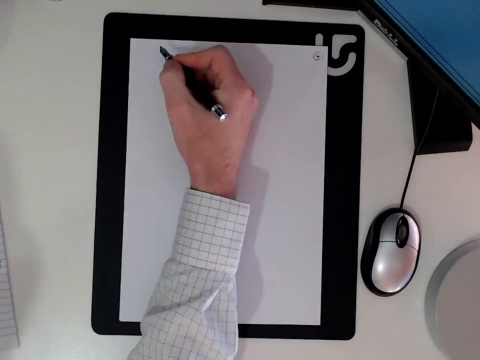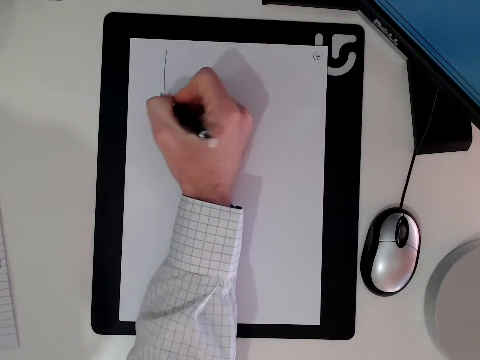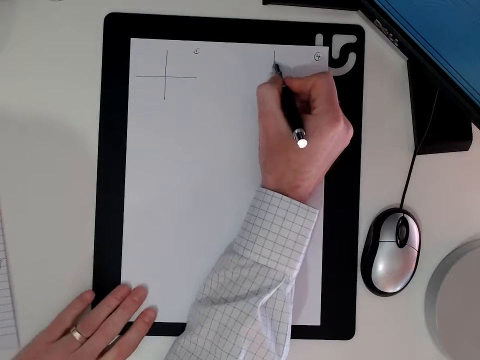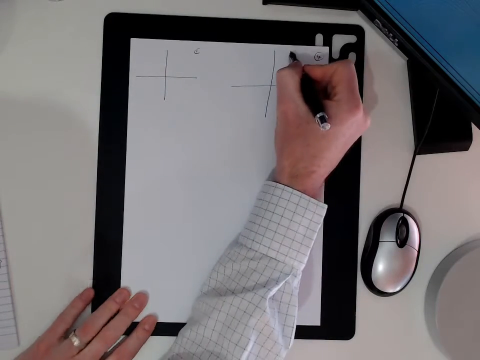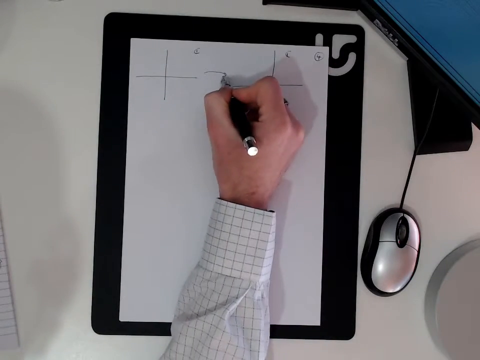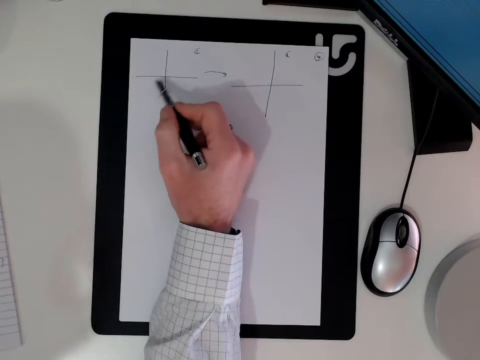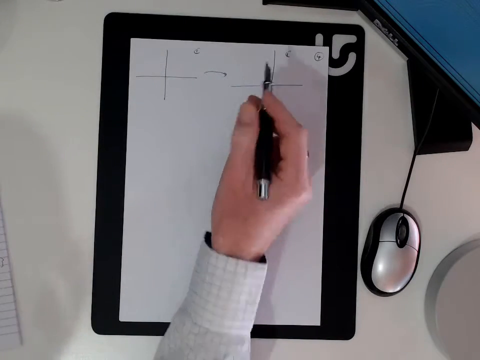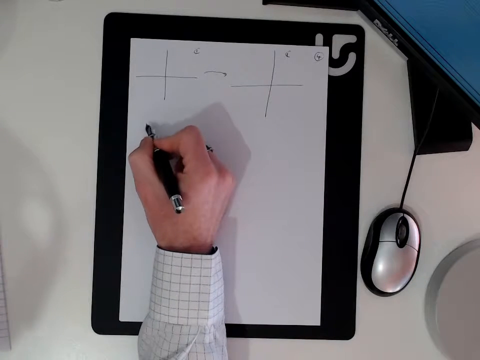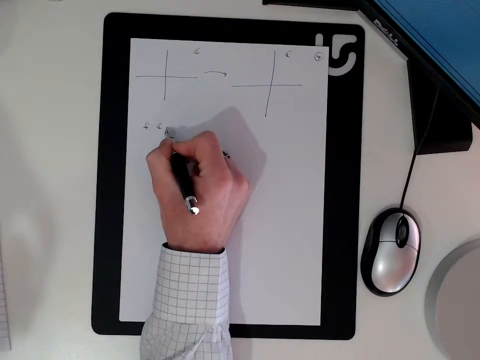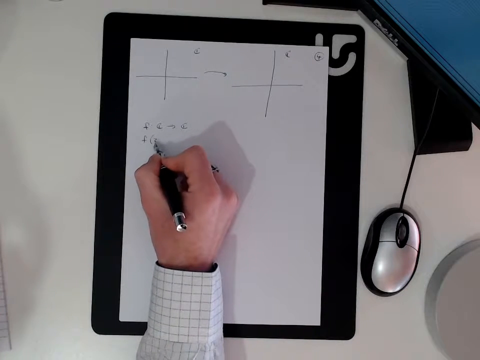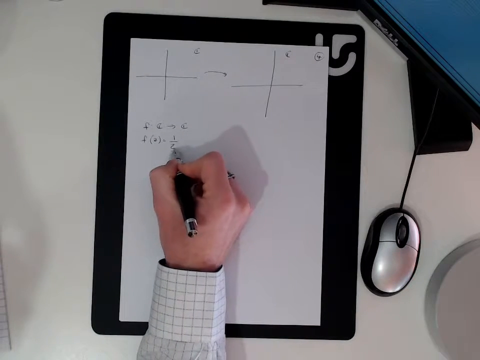So the way that most people attempt to visualize these things is to draw a copy of C and draw a second copy of C and consider how lines and circles in one copy get transformed into lines and circles in the other copy. So here's an example. We take a function from the complex numbers into the complex numbers, and we will define it by f of z equals 1 over z.